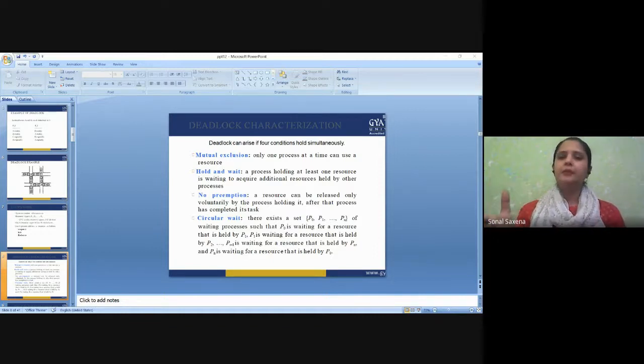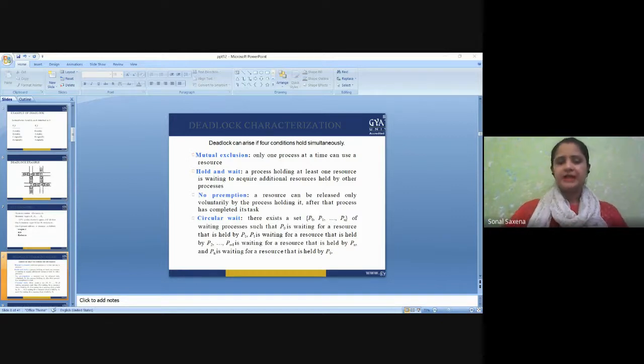So what will happen here? You are requesting access to the other resources, that is a different part. But for the two resources that you are already holding, there could be some other processes which are waiting to get those two resources which this process is already holding. So in this case, the other processes will be waiting for these two resources, and this process is waiting for the other two resources.